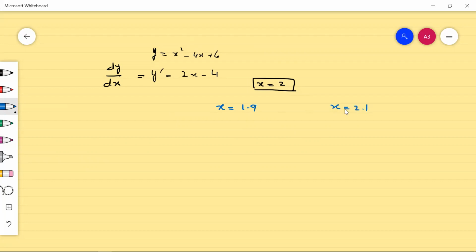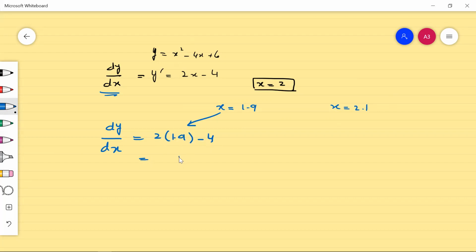Just take a small distance. You could take 7, 4, 8, but I will not recommend those values. Take a very small distance. You can take 1.99 or just 1.9. And check the sign of the slope. Put into this dy over dx: 2 into 1.9 minus 4.